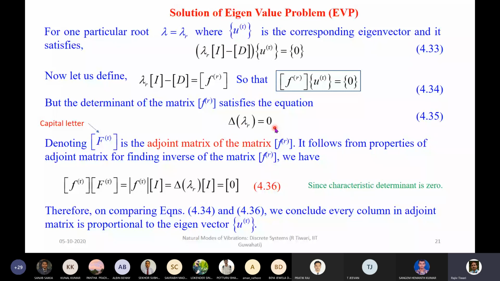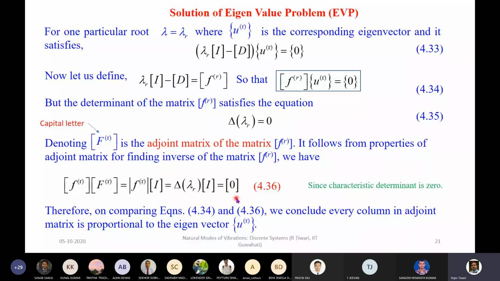So same thing is happening here. This will be 0 because in that polynomial we are putting in one of the roots. So once we put in one of the roots, this term will be 0, so this identity matrix will become a null matrix.